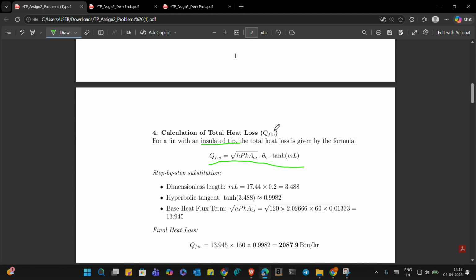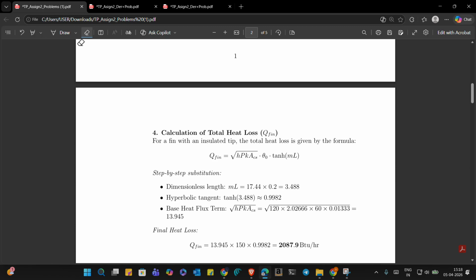But here we are going to use the formula that is correct for the insulated tip, where at the tip of the rectangular fin no heat transfer is taking place, which matches very much with reality. We are going to use this formula in upcoming problems also. This is the formula where tan hyperbolic mL comes out to be extra.